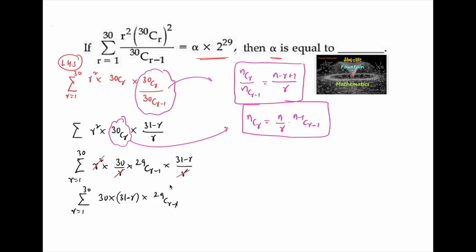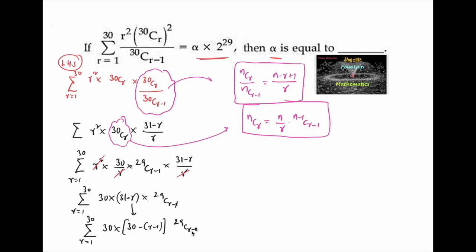Let us split these terms into 2. This 31 minus r we can also write as 30 minus of r minus 1, which gives 31 minus r, because 29c r minus 1 is there.